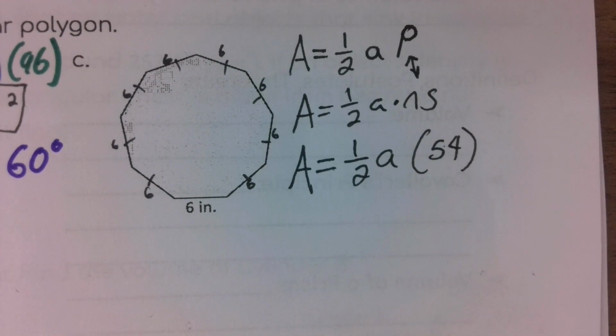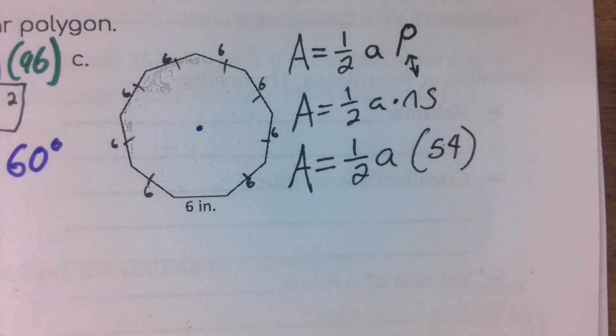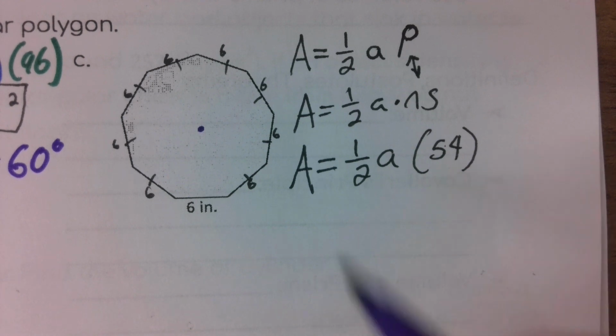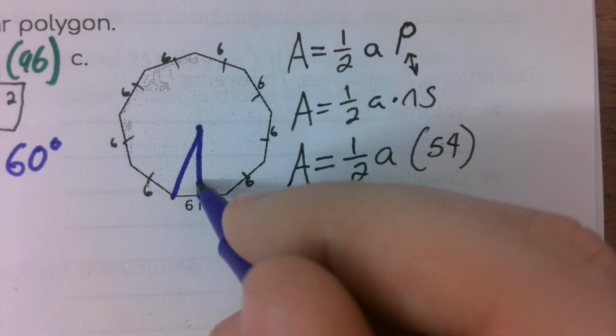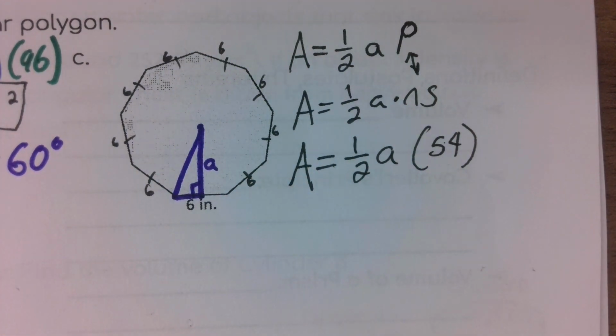But what we need to find now is the apothem, and there's nothing drawn here that makes the apothem. So we've got to do it ourselves. Putting you guys to work. To make the apothem, remember that we're eventually going to need a right triangle here. Our apothem is the height of the right triangle.